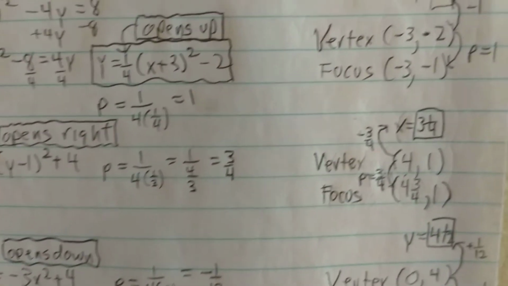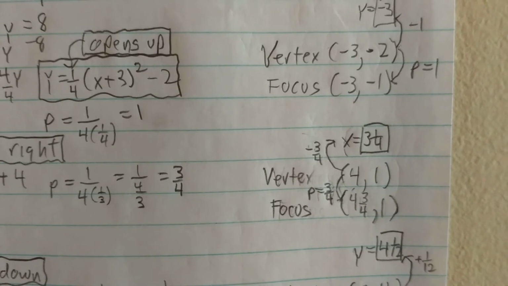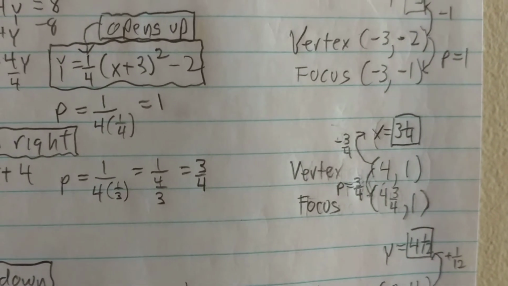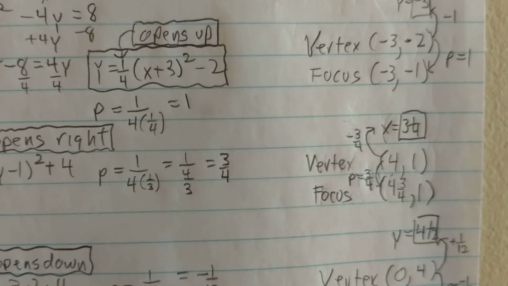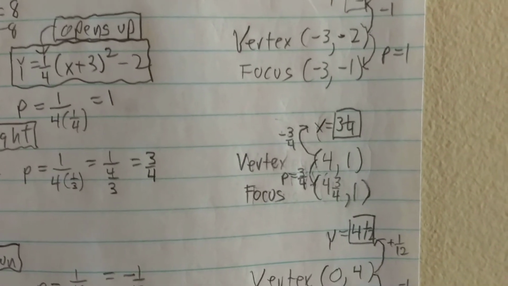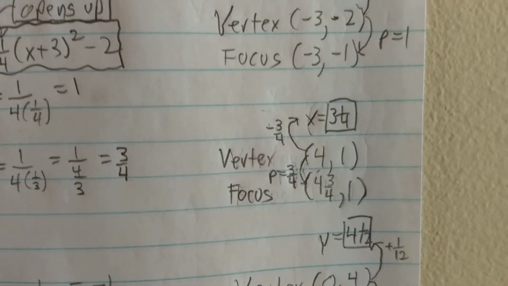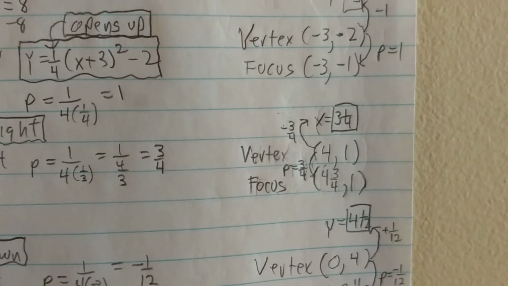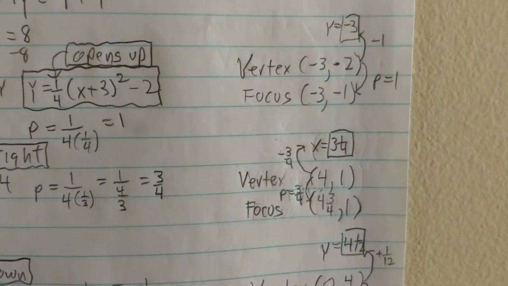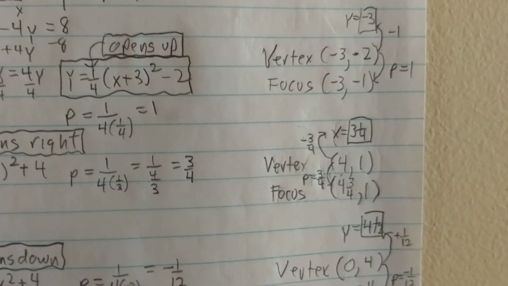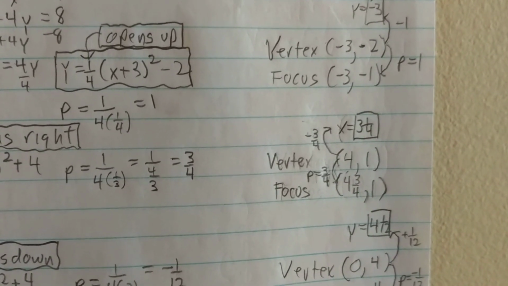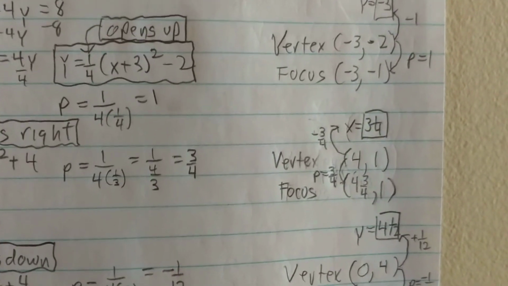And our vertex is at -3, -2. Our p is 1 over 4 times 1/4, or 1 over 1. So the focus goes up 1 from -3, -2 to -3, -1. But the directrix line is below them both at y equals -3, 1 below -2.